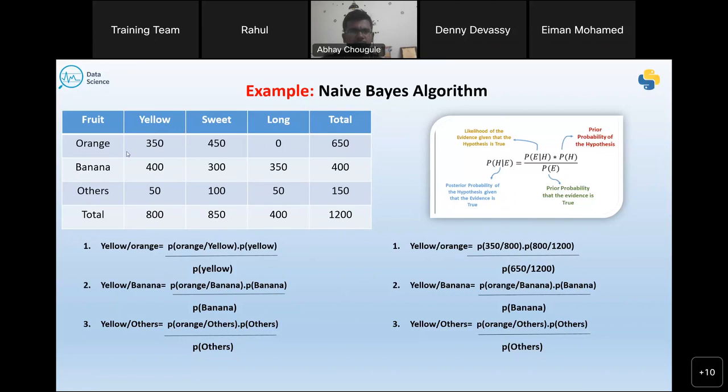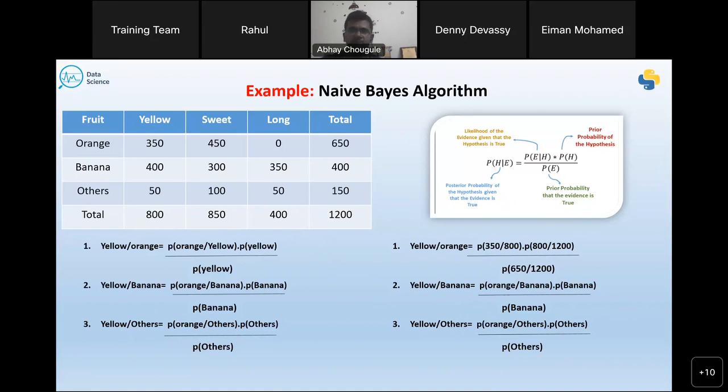We are taking the total orange divided by 1200. The way we have assigned the value, you have to add the value with the banana, the value with the others. So not only do you have to calculate the value with the yellow, you should calculate the value with the sweet and long as well. Are you getting the point, everyone? The bananas data and others too.